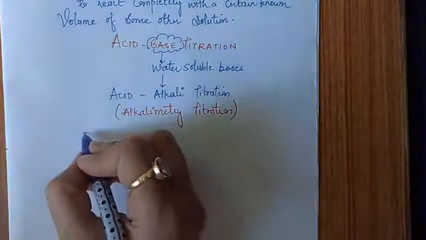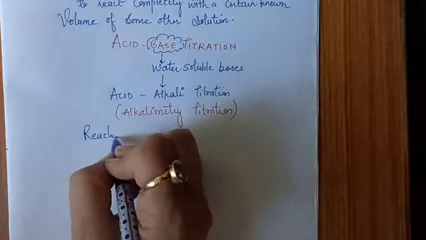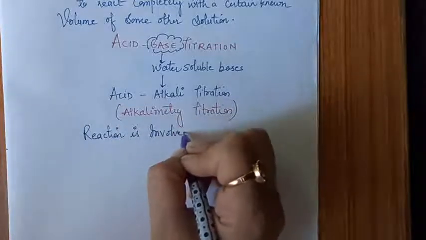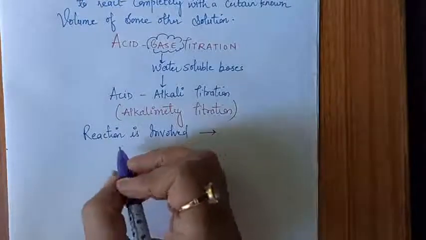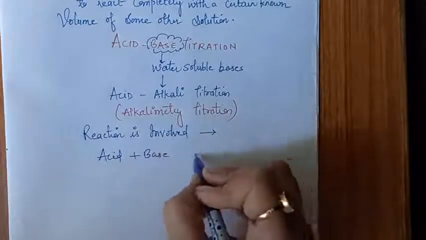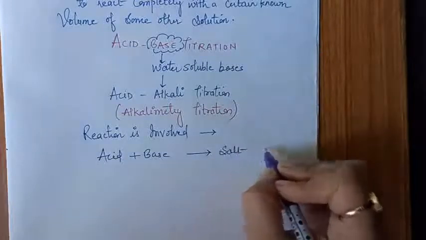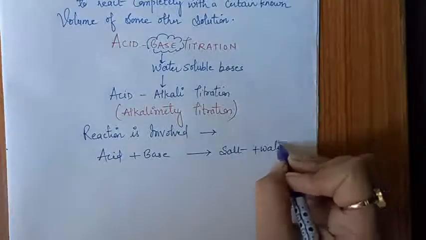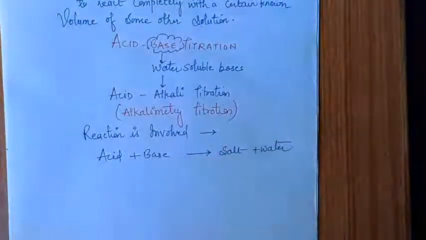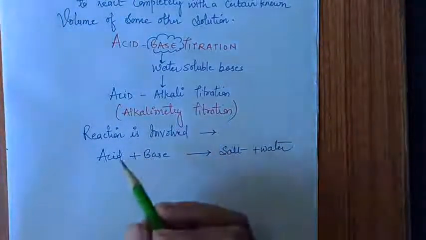Now the question comes, what kind of reaction is involved? You very well know from class 10th itself, whenever an acid reacts with a base, you get a salt and water, and they neutralize each other.